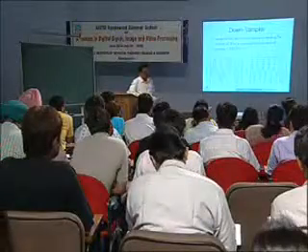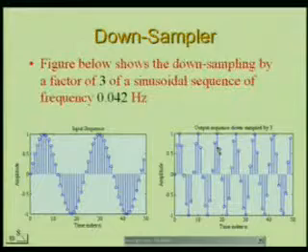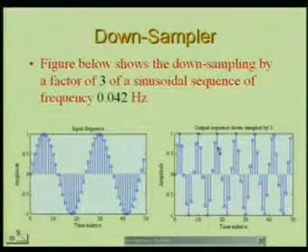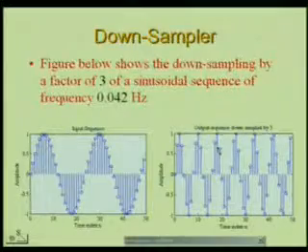So, this way it is very easy to implement a downsampler, but in practice this is not the case. While considering this output sequence, between these two consecutive samples, 3 samples are removed. Here it is not like that.